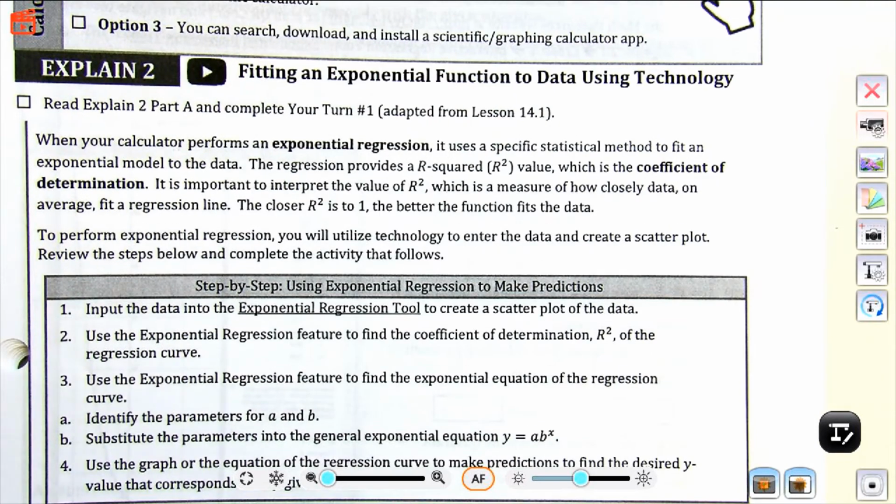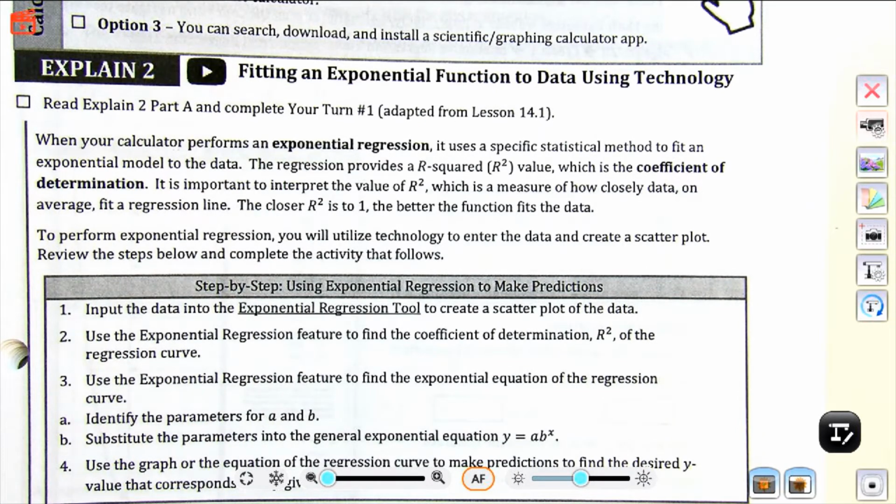Okay, so the exponential regression tool is a tool that we could use to plot data points and to model a perfect fit exponential function. There are a couple of things that we need to know before we use this tool. One thing is that we use statistics.